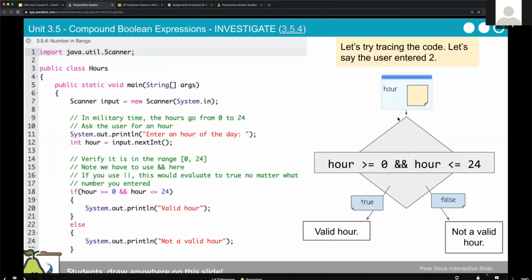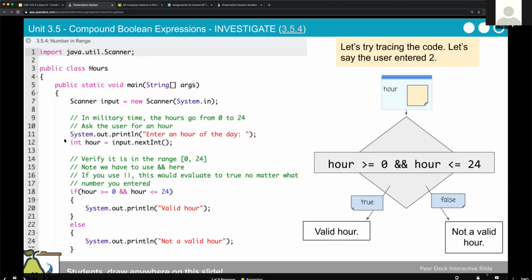And what I want you to do is try tracing this code if the user at this point on line 12, between lines 11 and 12, where the user is prompted to enter an hour of the day. If they enter a 2, what's going to happen?